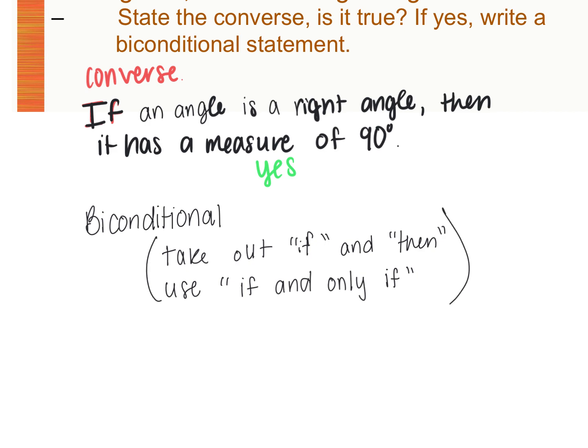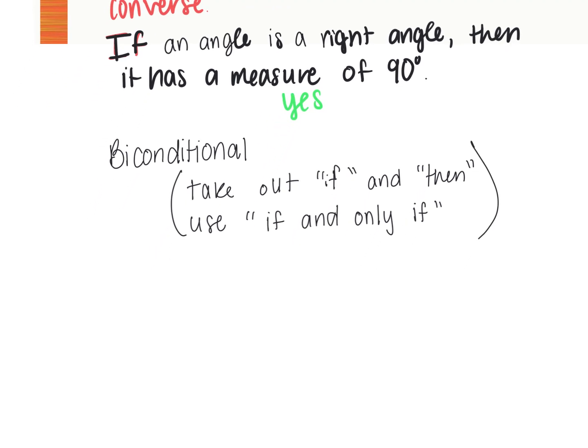That's the format I have to use. When you're writing a biconditional statement, you can write it either as your conditional or your converse. I'm going to make a note of that: you can write it as conditional or converse.